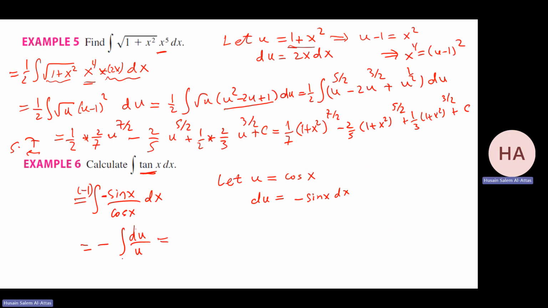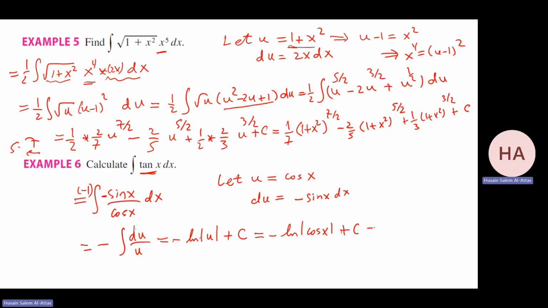Actually, he tried to emphasize in this one using the ln in 5.7, but I think it can be done also. So I have minus ln absolute value of u plus c. So the answer is minus ln cosine x plus c.